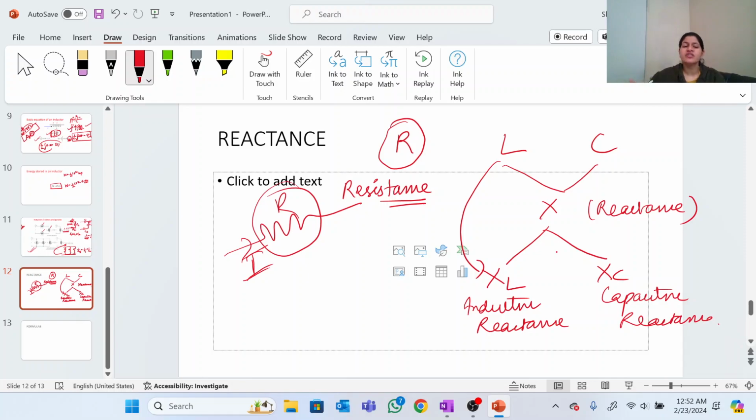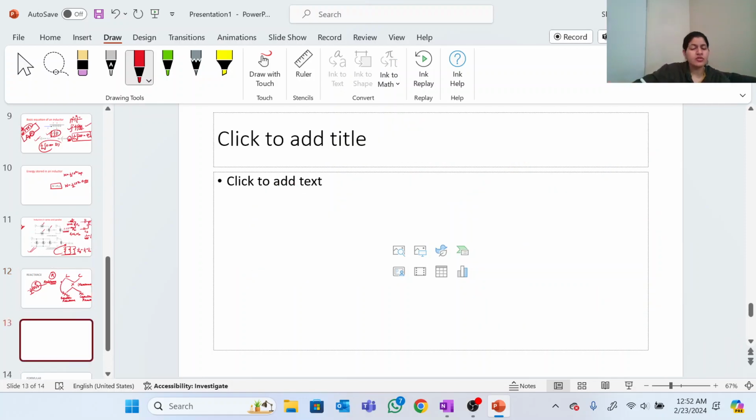Right, so these are two different reactances here, and I'll tell you one or two more things. It is similar to resistance; XC and XL are quite similar to resistance.